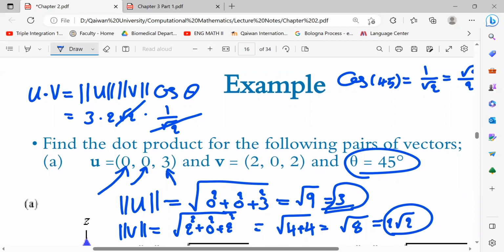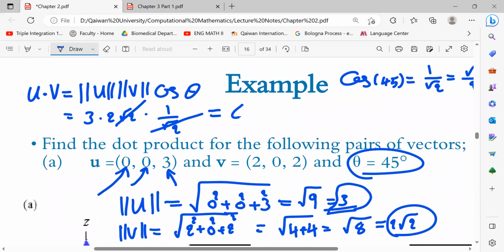These two cancel out, and we get 3 times 2, which is 6. This is u dot v. As you see, in the dot product of u and v, we got only a scalar. We got only a value. So in the dot product of any two vectors, we get a scalar. We get only a number. That's it.